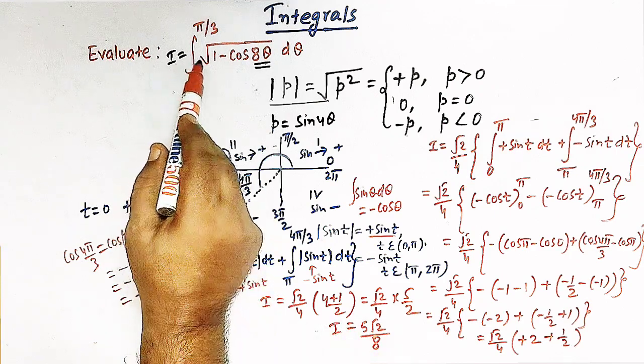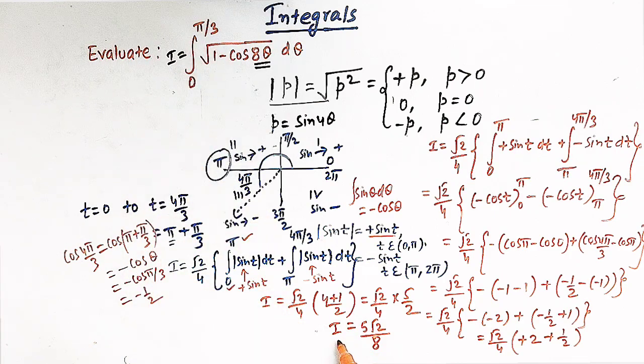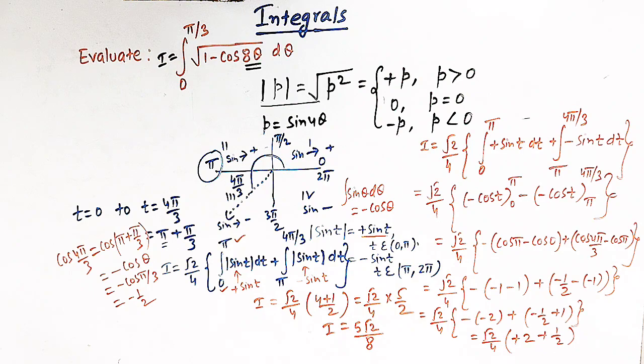So viewers, the value of this integral is equal to 5 times square root of 2 divided by 8. So viewers, this is how, by making use of concepts from trigonometry and the definition of the mod function, we can easily evaluate these kinds of integrals.